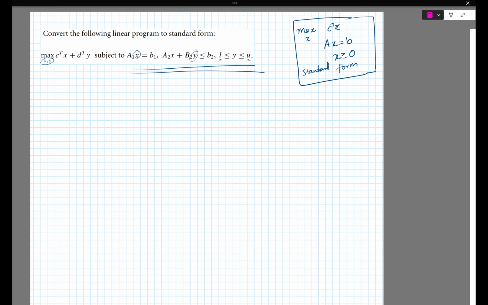So to have positive constraints on these variables, you transform them as X equal to X plus minus X minus.